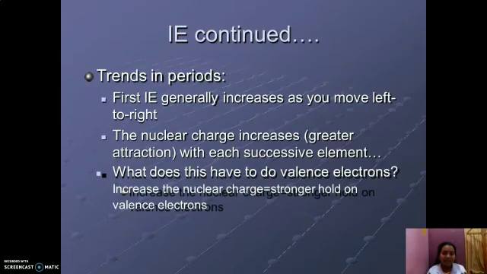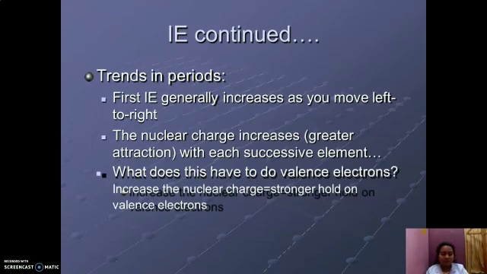The number of electrons increases as the number of protons increases, so nuclear charge also increases and the atomic size decreases along the period. The nuclear charge on the last electron increases, so to remove the last electron from that atom, we need to supply more energy. So moving left to right, the ionization energy increases. Okay.